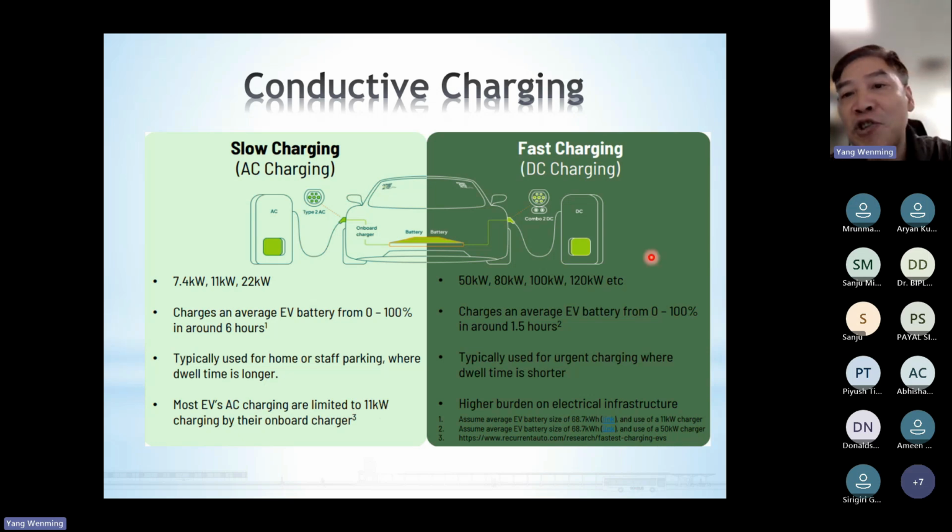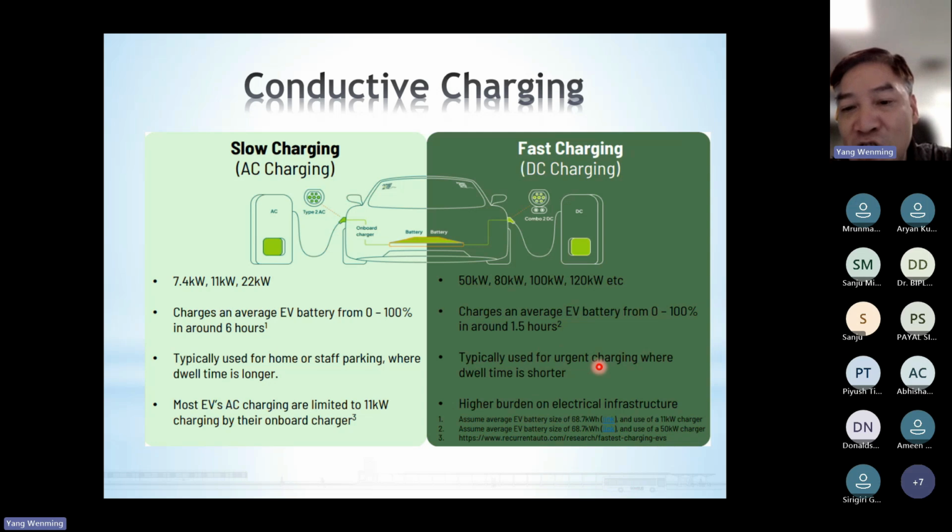So next one is fast charging or supercharging, so DC charging. The charging power has 4 types: 50 kilowatts, 80 kilowatts, 100 kilowatts, and 120 kilowatts. And the charging time has been significantly reduced to 1.5 hours or even shorter.